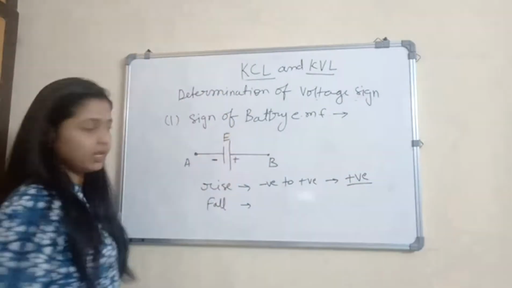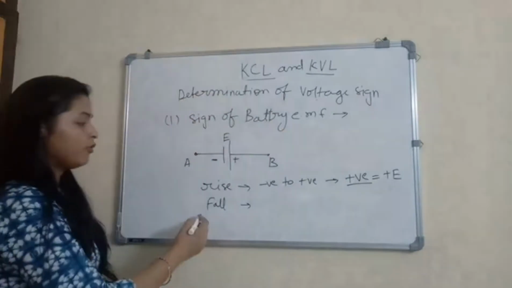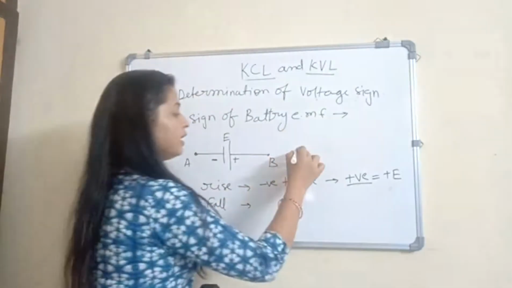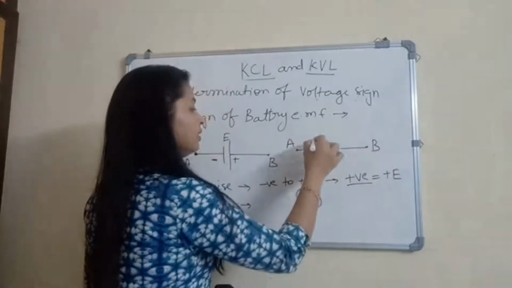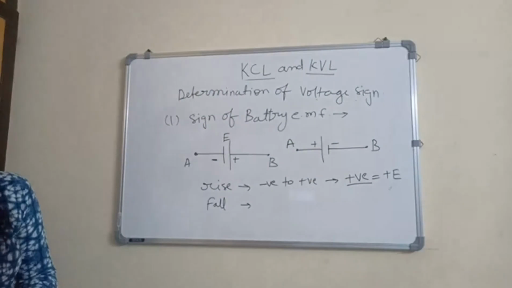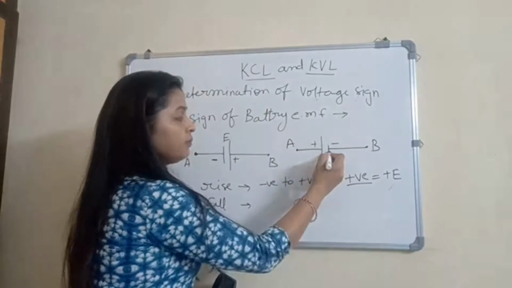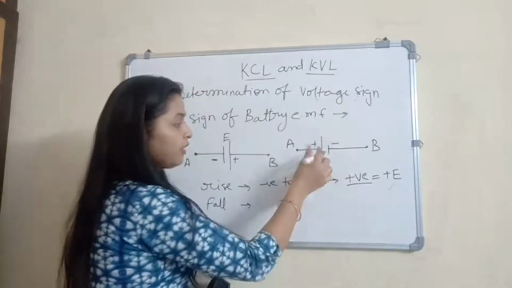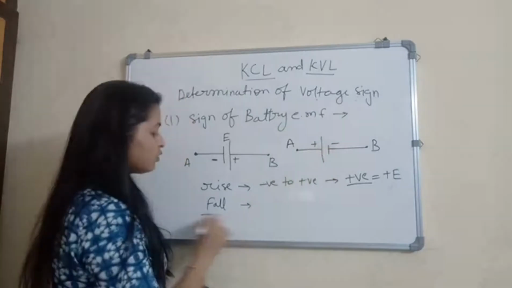Let's take this battery as E. So it would be plus E. Now if I consider the fall between this, let's take the example plus minus. If I move from A to B, you can see the negative direction. We are moving from positive to negative. The voltage is falling. So when we take the direction positive to negative, voltage is falling.